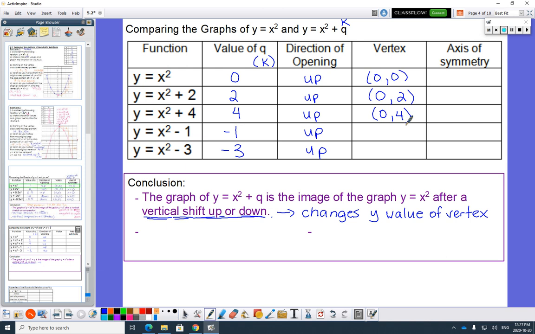The negative 1, now we're going down. And the negative 3 means down 3. But we have not changed the x value, so the axis of symmetry is still 0.